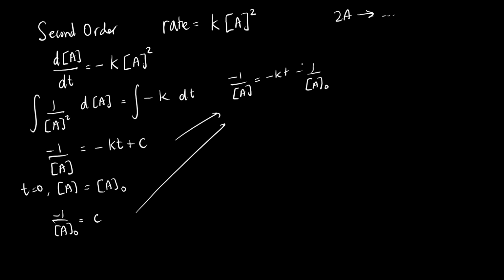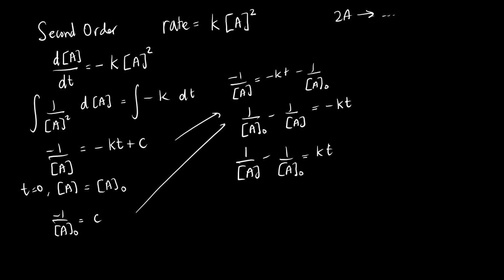Now I'm going to rearrange it a bit, so if I add 1 over A0 to both sides, and I could even get rid of the minuses, flip this side, and put kt like that. However, it might make more sense to keep it as it is, because A0 is going to be a smaller number than A. So 1 over A0 is going to be a bigger number.